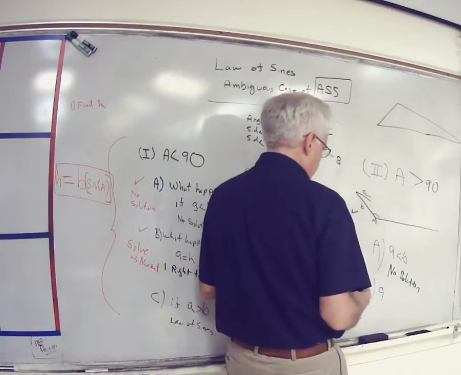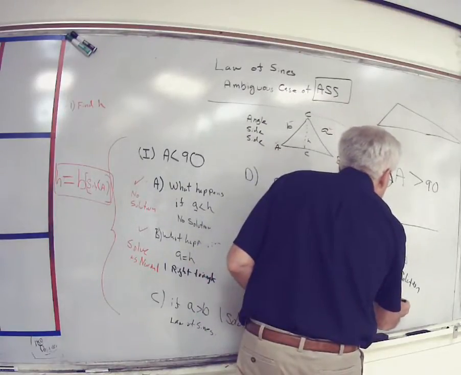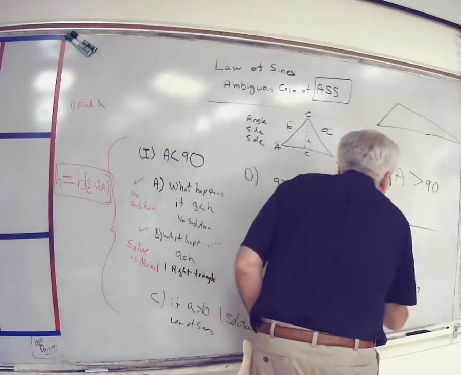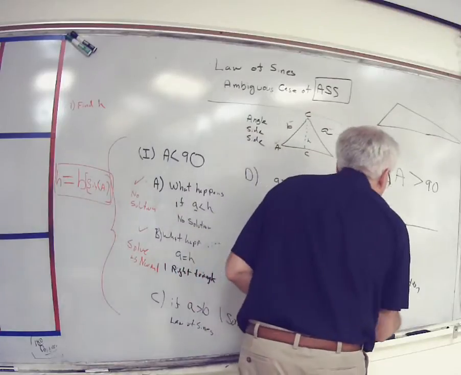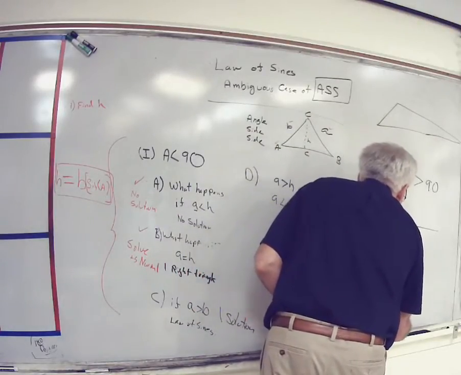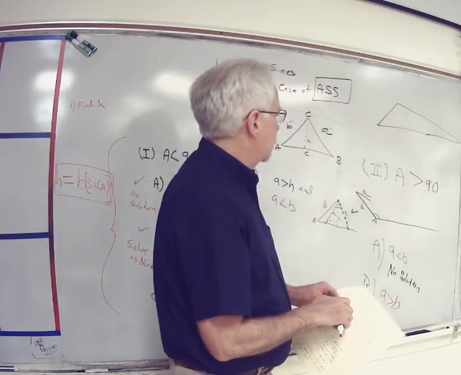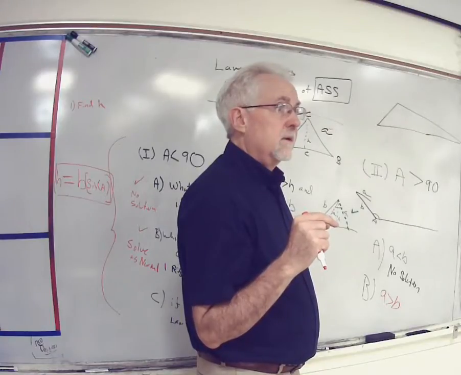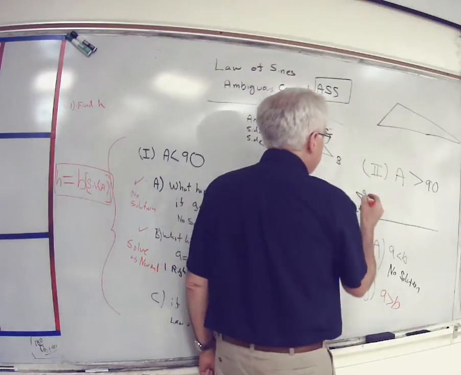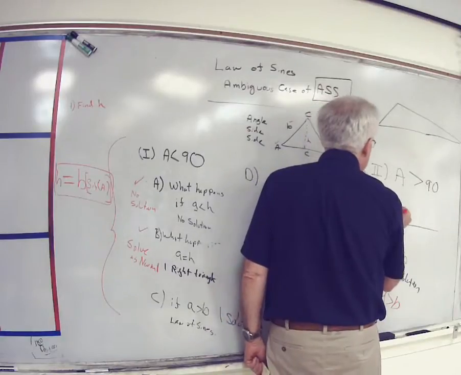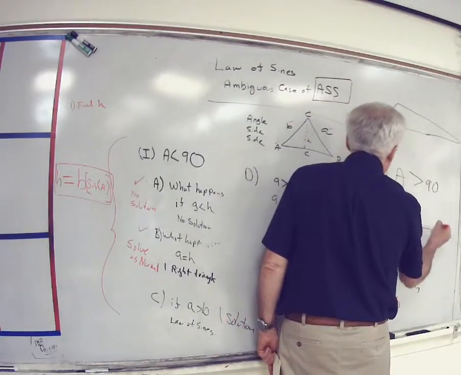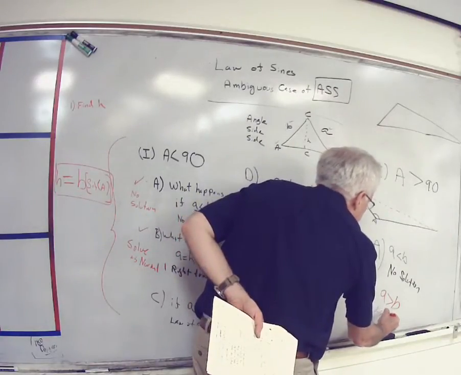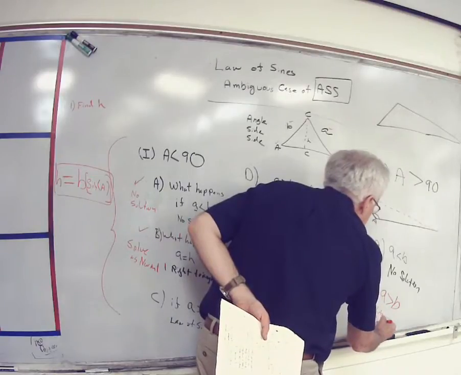A is greater than B. Let me write this one in red. Can you tell me what's going to happen if A is greater than B? We'd have one solution, right? It doesn't matter how long it is. If it's longer than B, you're always going to have one solution. And how do you get this solution? You use the law of sines.